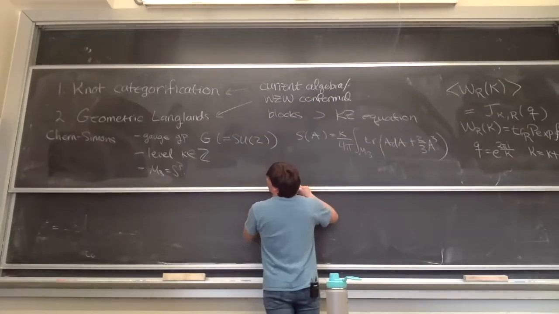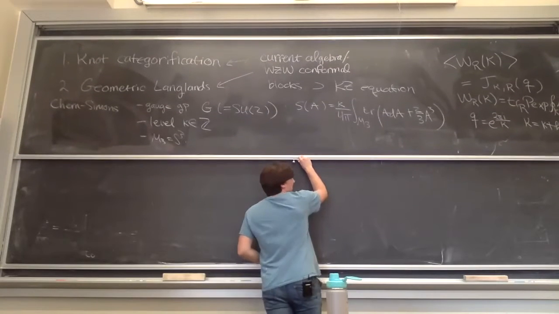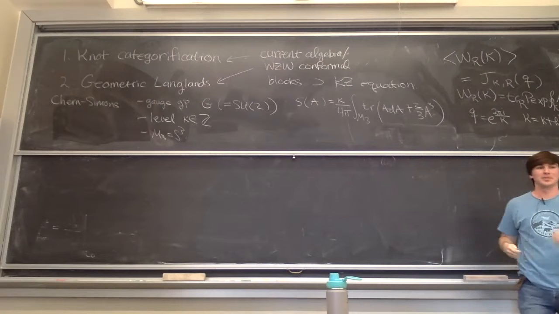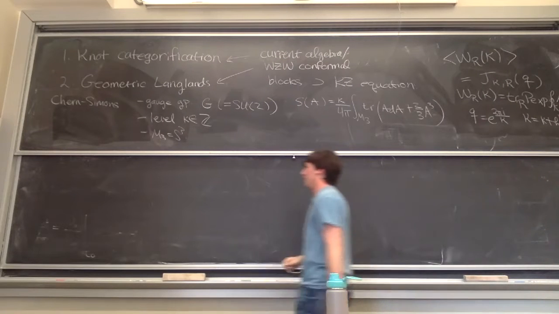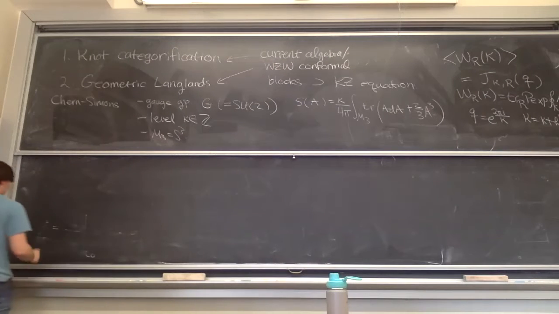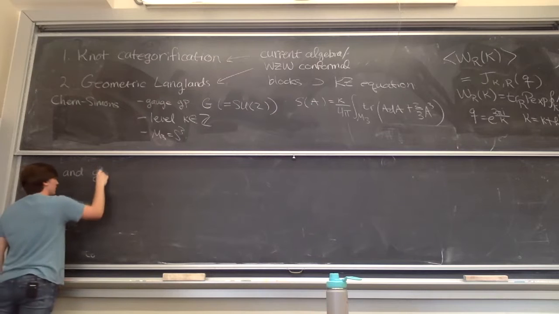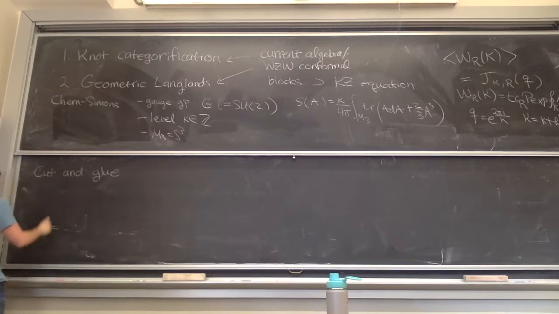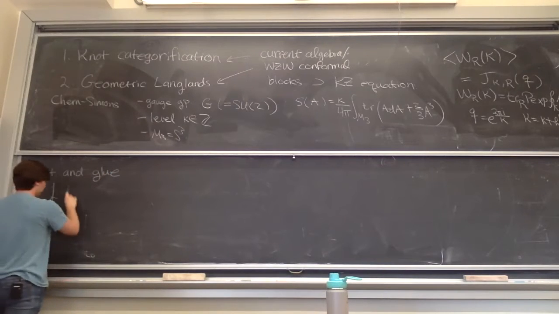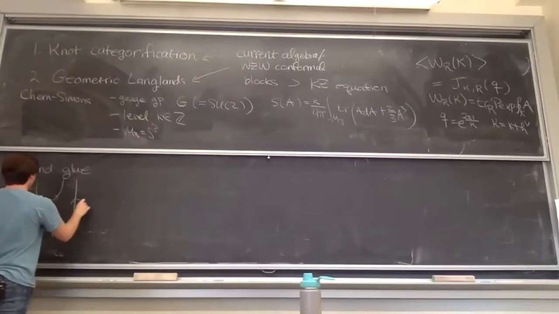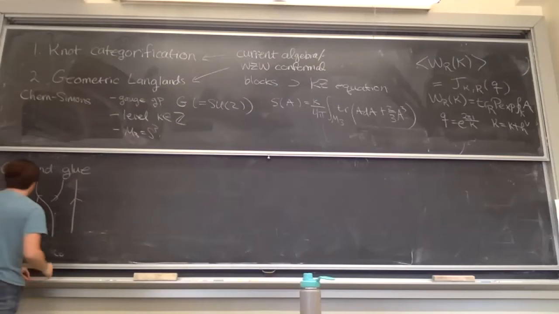To see where conformal blocks and the KZ equation enter the story, you just ask, how do you actually calculate the expectation value of a Wilson line from a physics point of view? What Witten teaches you is to do this by cut and glue. If you've got some knot and you have a local piece of it which looks like a braid, and I'm not going to try to draw anything complicated, so I'll just draw something like this.